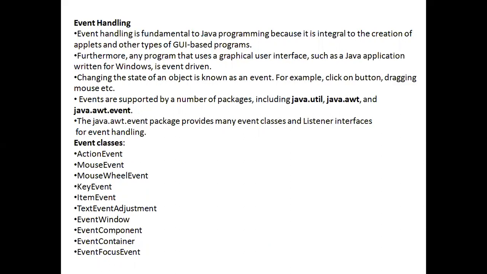The java.awt.event package provides many event classes and listener interfaces. Some of the event classes are ActionEvent, MouseWheelEvent, KeyEvent, ItemEvent, TextEvent, AdjustmentEvent, WindowEvent, ComponentEvent, ContainerEvent, and FocusEvent. These are all event classes.